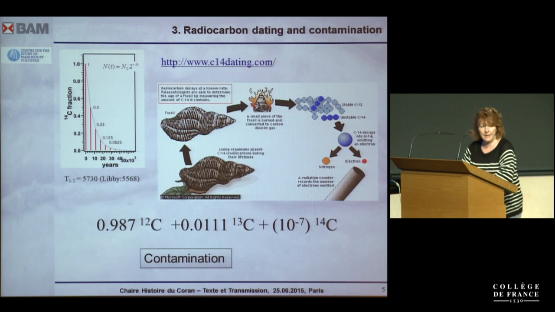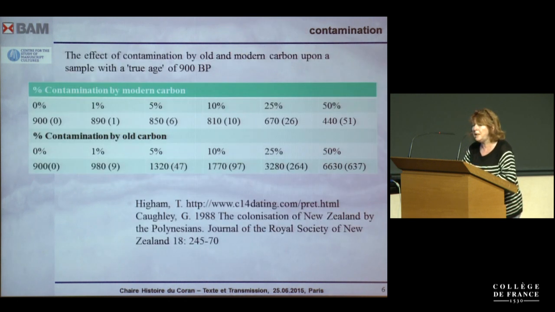Now, since everybody is using C14, I just wanted to remind everybody that one of the most difficult things in C14 dating is contamination. What happens when the organic matter that is dated is contaminated can be seen here.